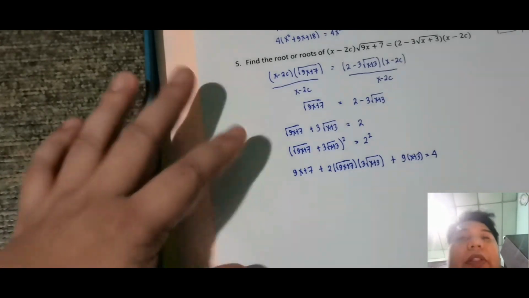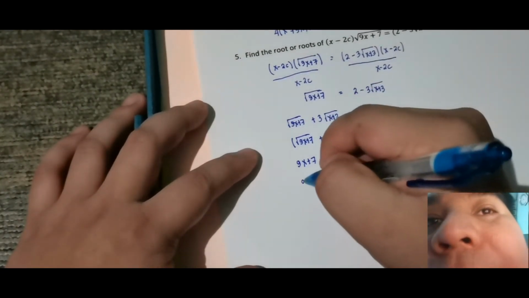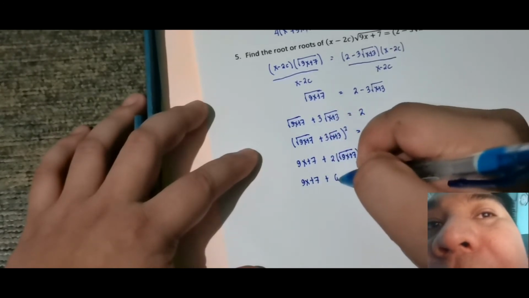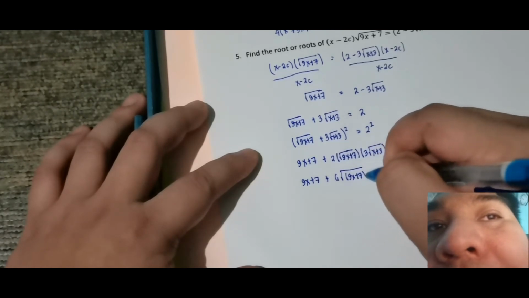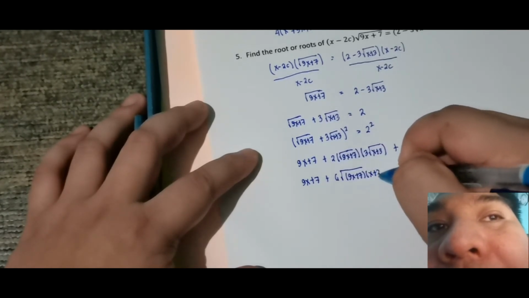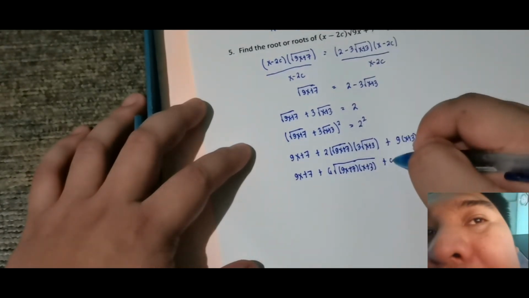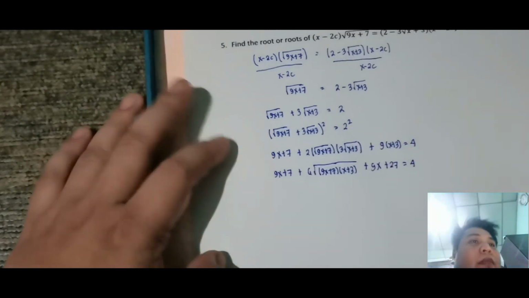Okay, then simplify further. So this is 9x plus 7 plus 2 times 3, this is 6 square root ng 9x plus 7 multiplied by x plus 3. So pinagsama ko na sa isang radical. Okay, then plus 9x plus 27 equals 4.